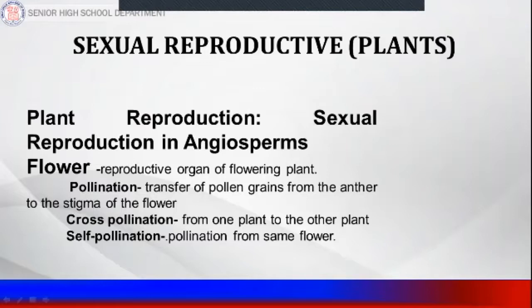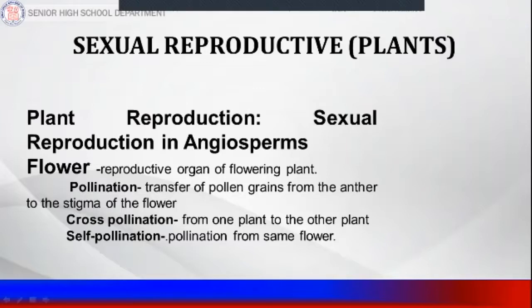We also have cross-pollination, wherein pollen grains are transferred from one plant to another plant. Meaning we have different plants, and cross-pollination happens when pollen grains are transferred from the anther of this plant to another plant.